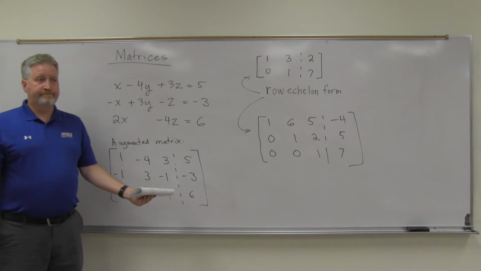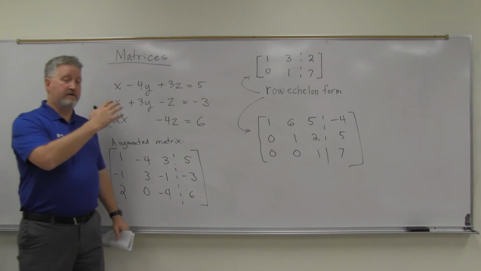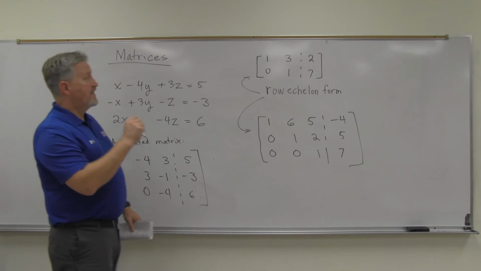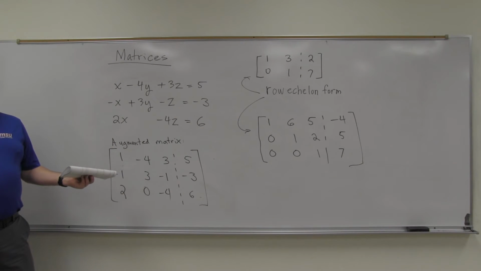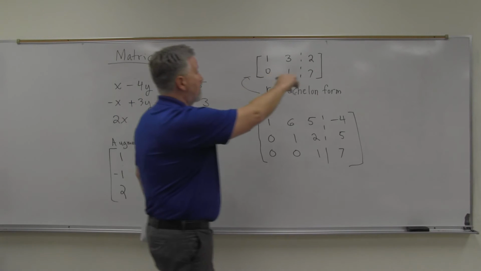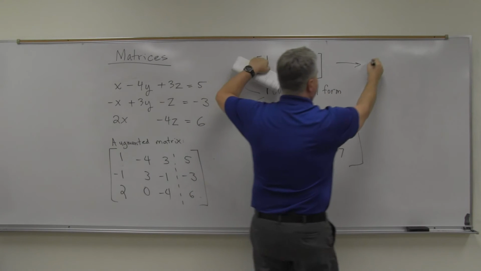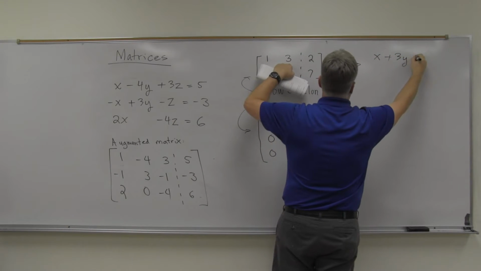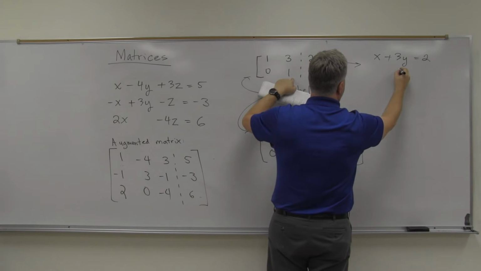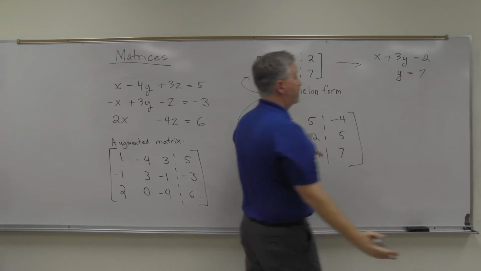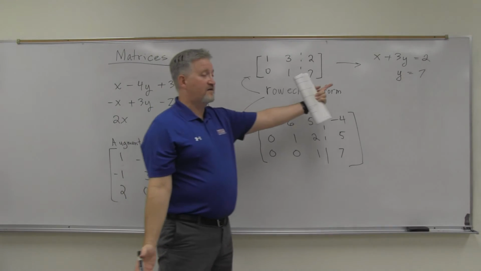Now, what's good about row echelon form in these augmented matrices is that when you get it in row echelon form, it's real easy to solve the system. Because notice here, the equations would be 1x plus 3y equals 2, and then 0x plus 1y equals 7. Well, if I've got it in that form, I've got this thing solved, don't I? Because y is 7.